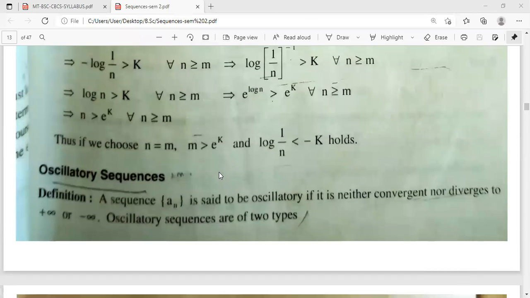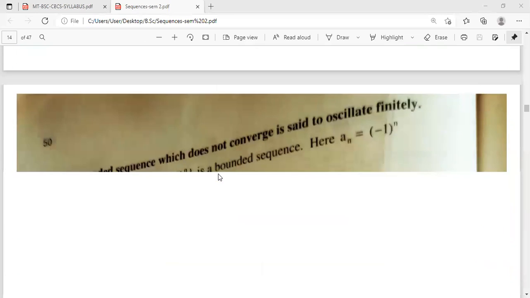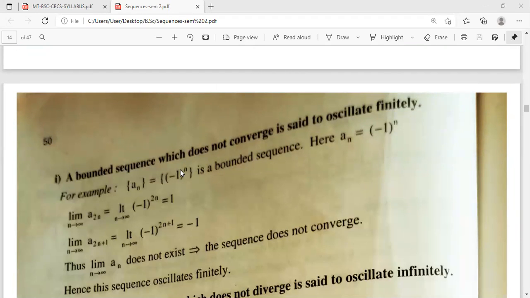There are two types of oscillatory sequences. The first is a bounded sequence that does not converge, which is said to oscillate finitely. The first type: a_n equal to minus 1 to the power n is a bounded sequence, because in the example we took, the supremum is equal to 1 and the minimum is equal to minus 1.